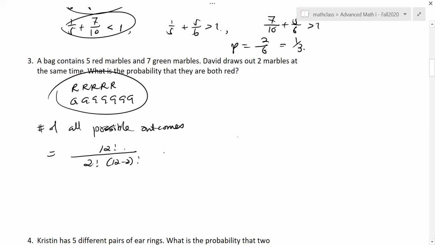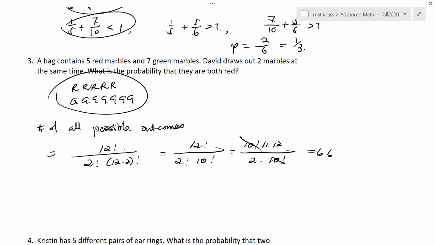After you simplify, 12 factorial is 10 factorial times 11 times 12, and 2 factorial is 2. 10 factorial cancels out. So the answer here is 66. There's nothing to do with 36. I saw somebody put 36 there.